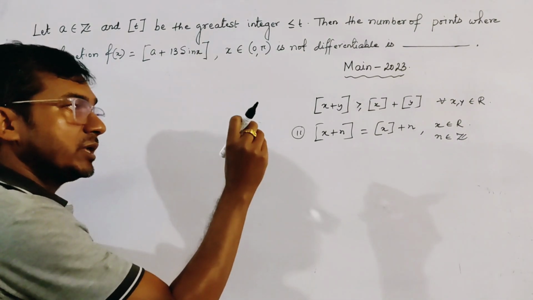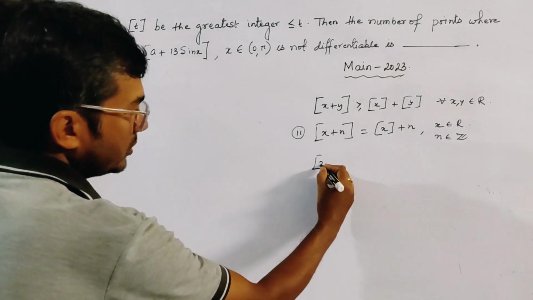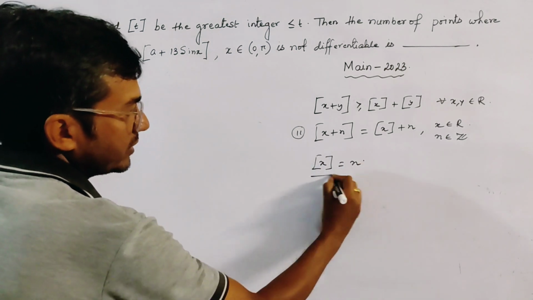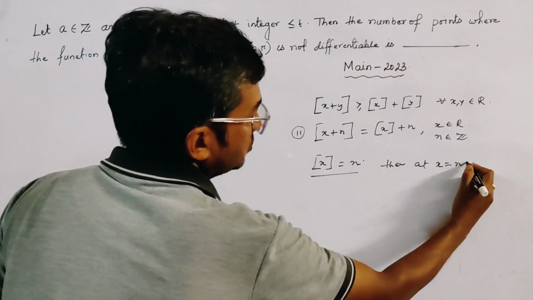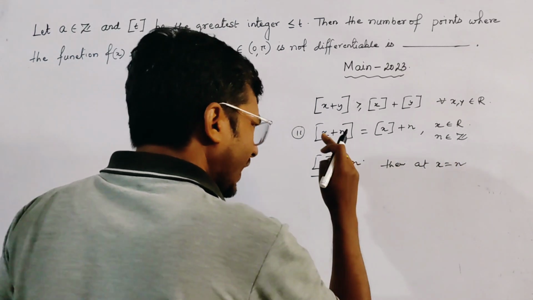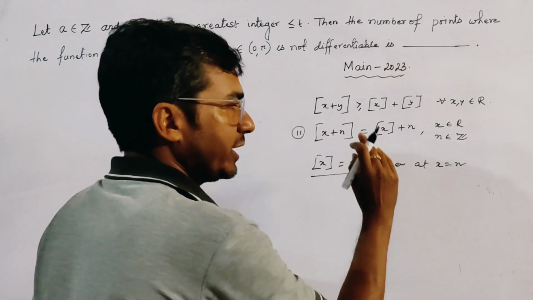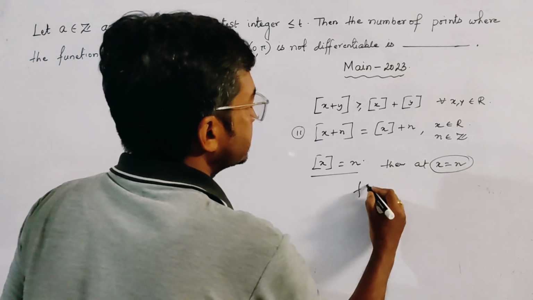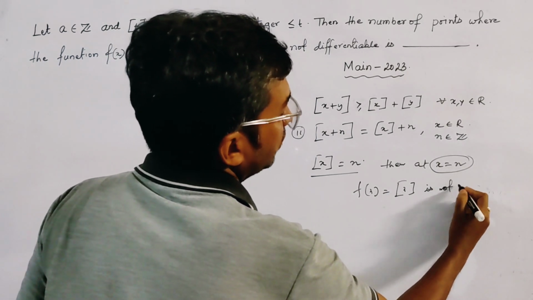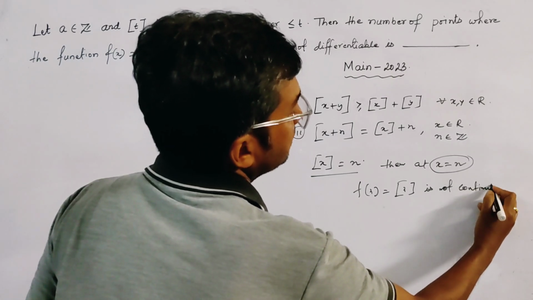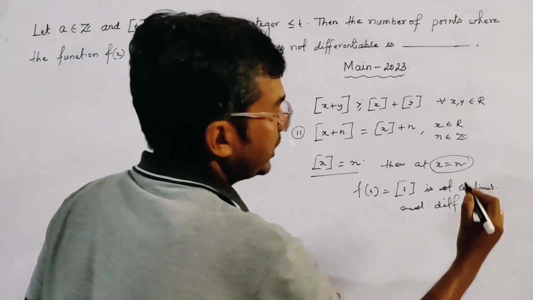And another important property of the box function we use here: at x equal to n, or at any integral point of x, the function [x] is not continuous and not differentiable.